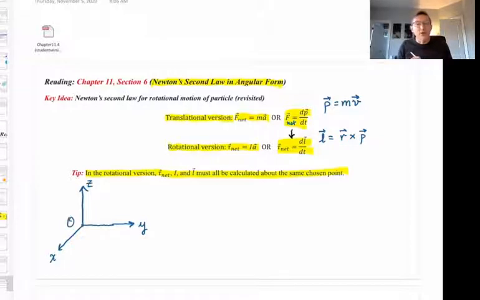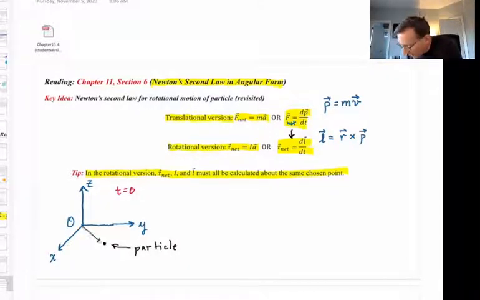There's our origin O. And let's say there's a moment in time, let's call that time 0. At that moment, our particle is located somewhere in the xy plane. So its position vector, r, would point from O out to where the particle is at that moment. That would be the r.